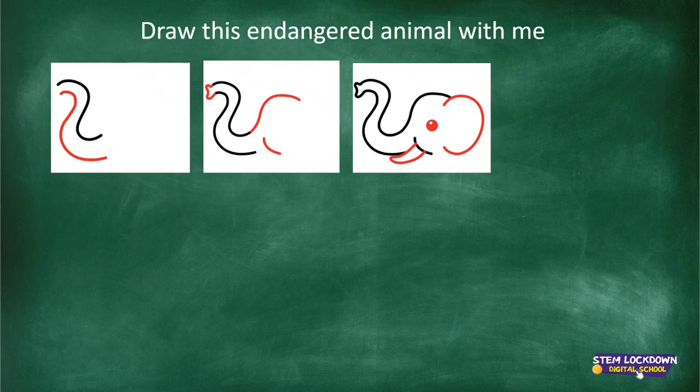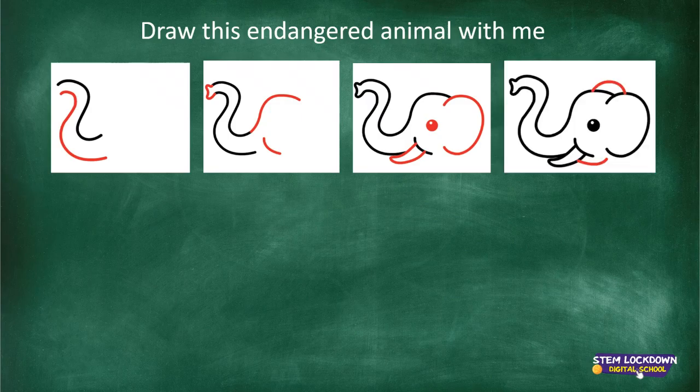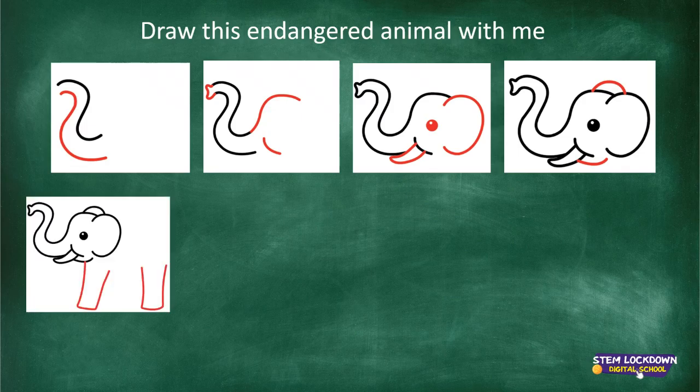Right. Got that. Now let's add the other ear at the top and underneath that little sort of chin part. Or is it the mouth? Can't think now. Okay. Got that. Now let's add the legs. Quite thick, stocky legs.